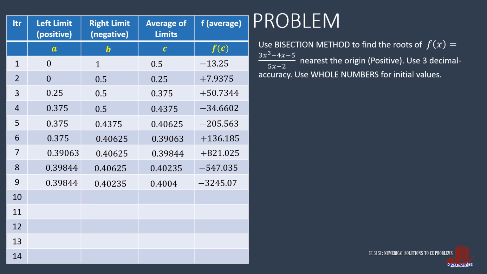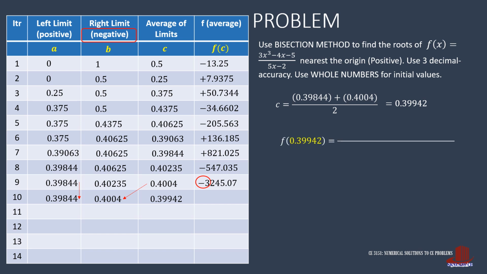For iteration 10, we replace b by 0.4004 and a remains at 0.39844. The midpoint is solved as 0.39942, and having this value plugged into the function, f of c becomes positive 2,209.14.